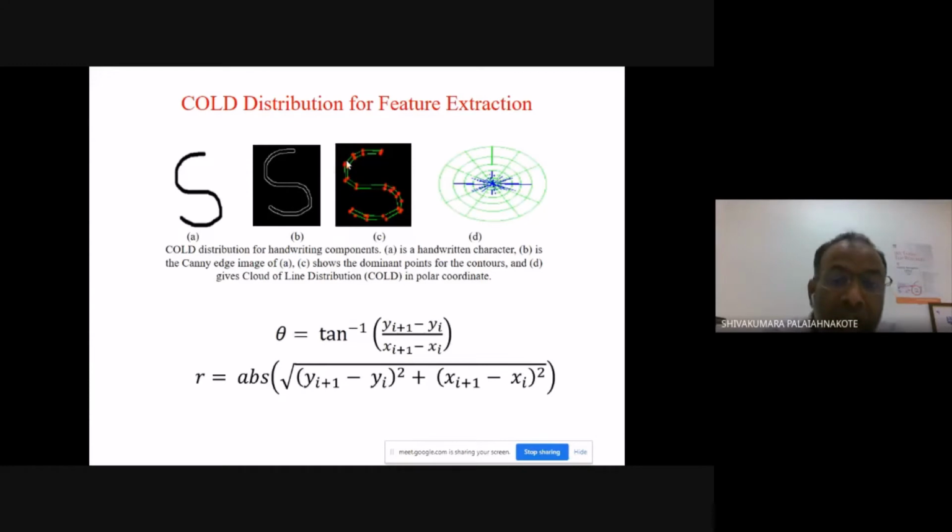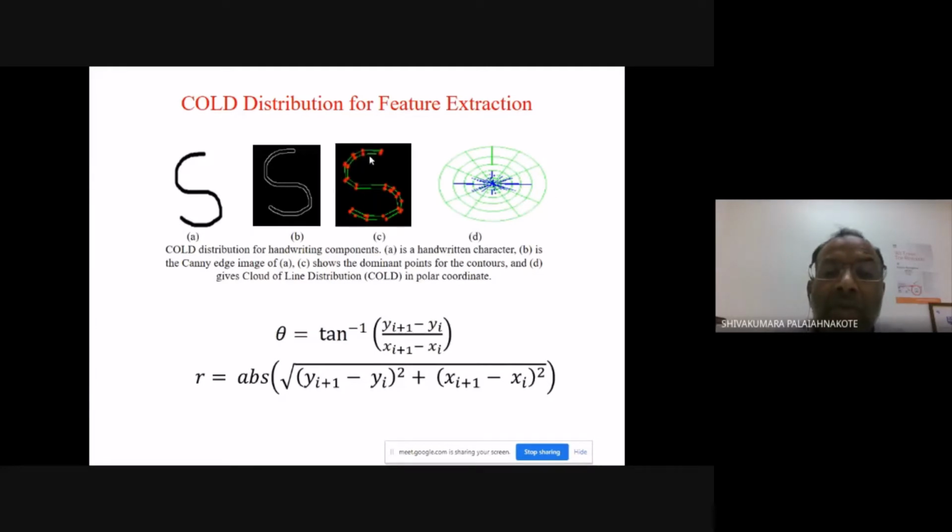So the distribution depends on the distance between the points. Of course, if you take only a few points, then you may not get any difference here. So deciding these points, deciding the distance between the points is really very important here. If you estimate and give points with a large distance, then you will not get a very good result, because you are trying to understand the shape of the character.